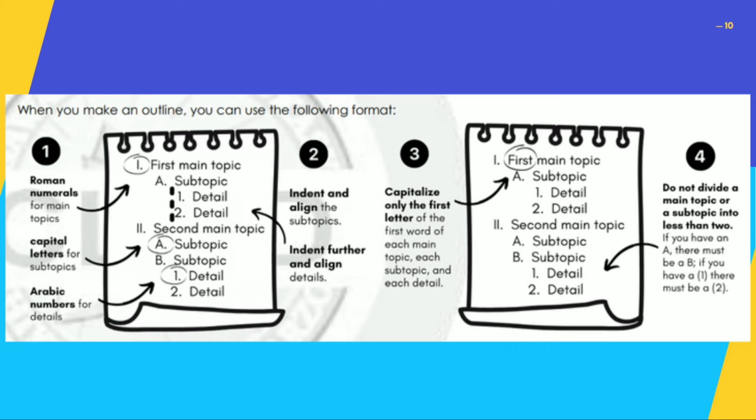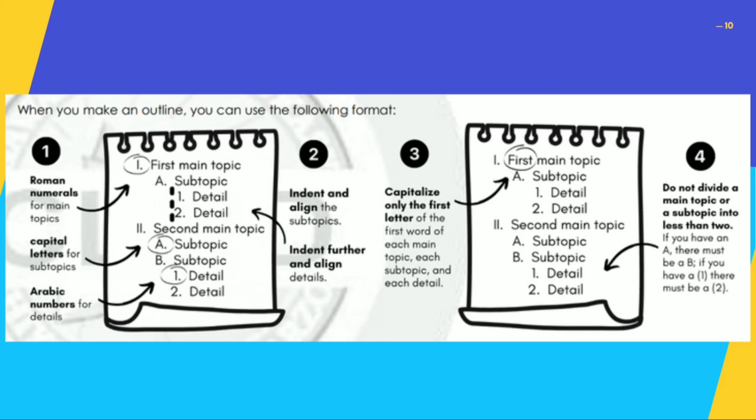First, Roman numerals for the main topics, capital letters for the subtopics, Arabic numbers for details. Second, indent and align the subtopics, and then further align details. The third one is to capitalize only the first letter of the first word of each main topic, each subtopic, and each detail.